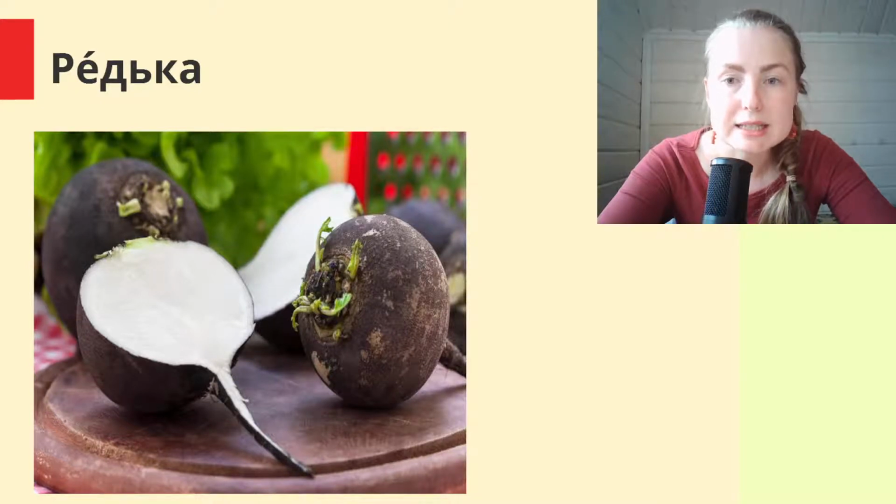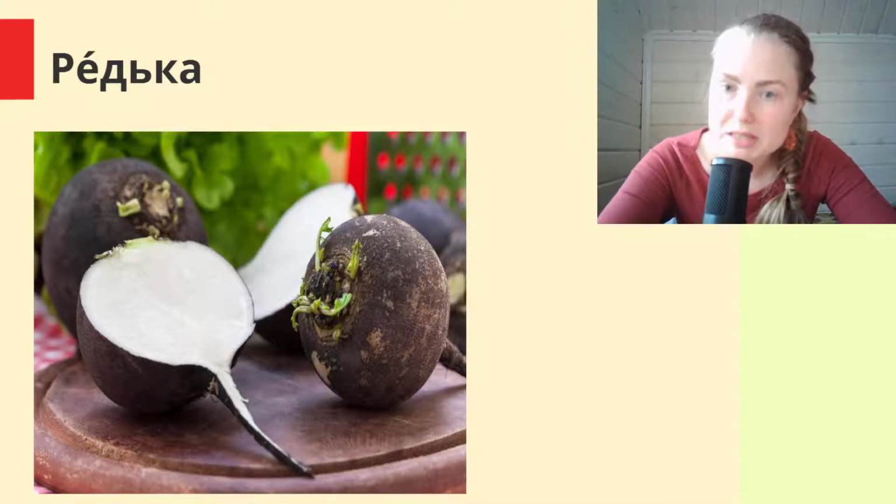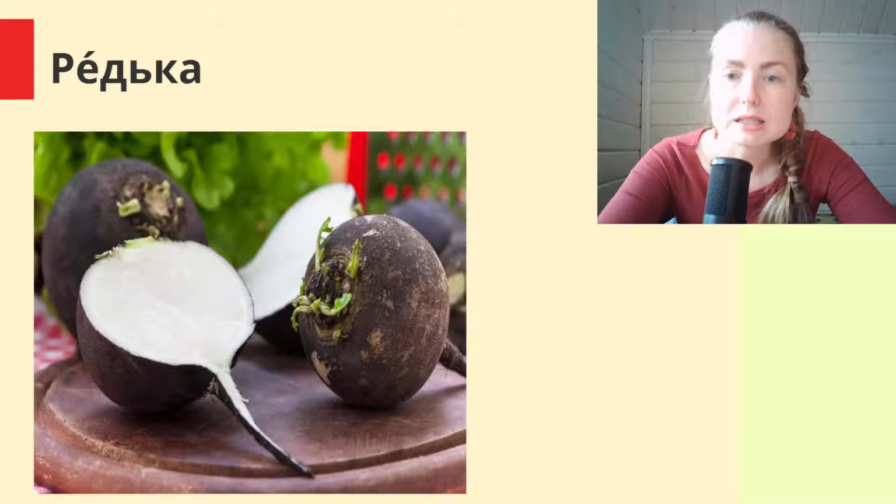So the letter D becomes voiceless. D turns into T, because it stands in front of K. K is a voiceless consonant. That's why the letter D also becomes voiceless. Ritzka.